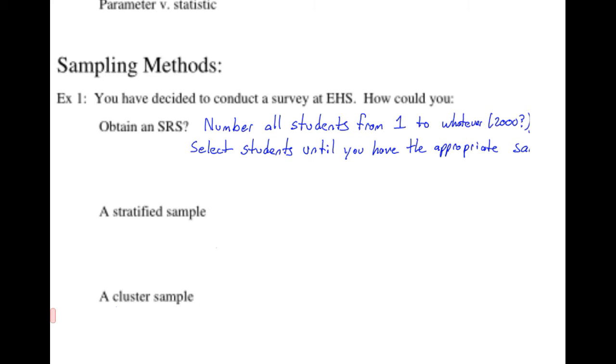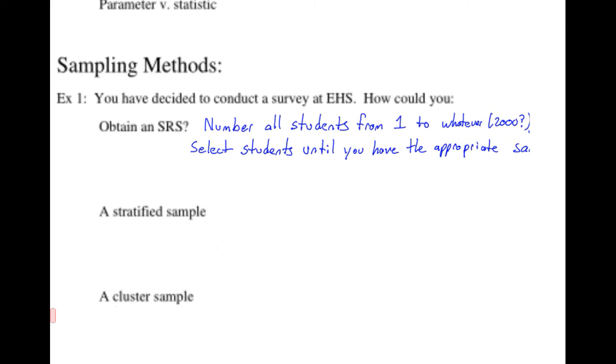Okay. A stratified sample. This is where we break it down by strata. We think there are different groups in our data. Maybe the question we're asking could differ by gender or socioeconomic level, or maybe we think seniors are going to answer differently than juniors, so we want to break it into these different groups. So we group students by some commonality. Let's say in this case we want to know the average height of students at Eastern.